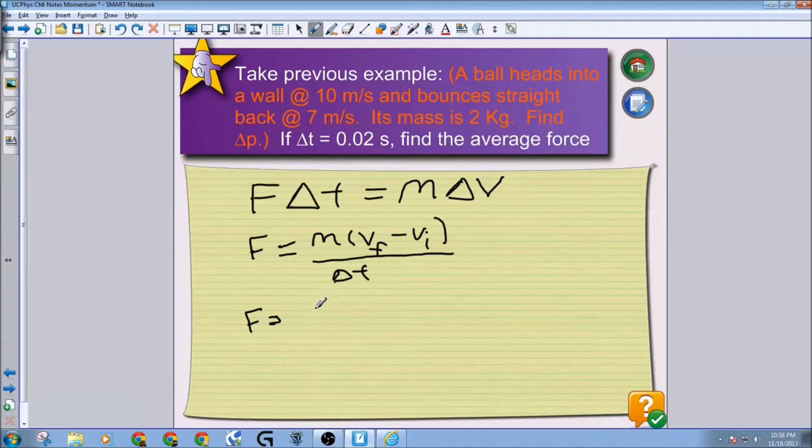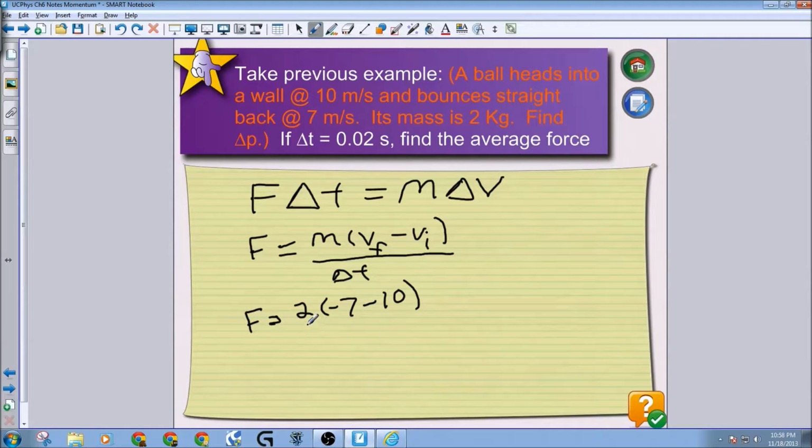So let's go ahead and start this. What is my mass? 2 kilograms times velocity final, -7, minus velocity initial, 10. I said -7 and wrote -2, oops. -7 minus 10.